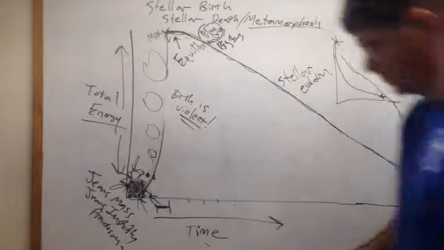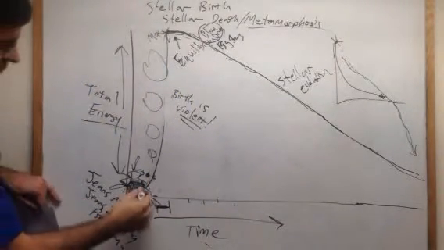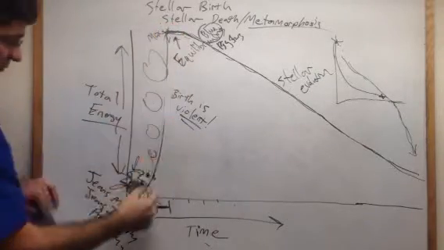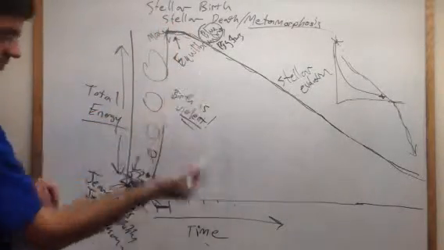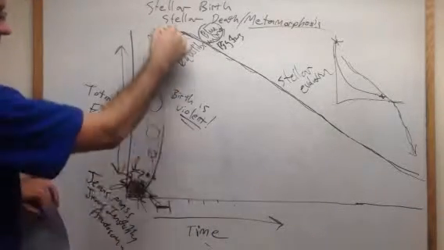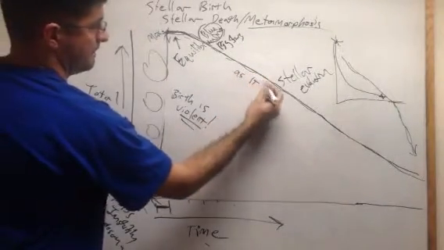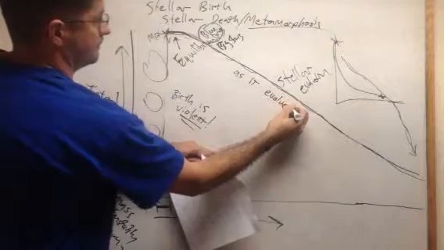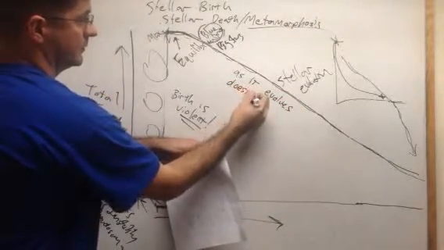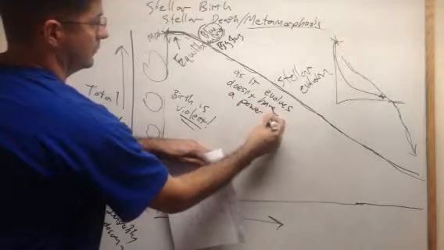And I think one of the most important things about this is that the birthing process, where it gets an initial heat, is during its birth. The birthing process is where it receives the majority of its heat, which means as it evolves, guess what? It doesn't have a power source.